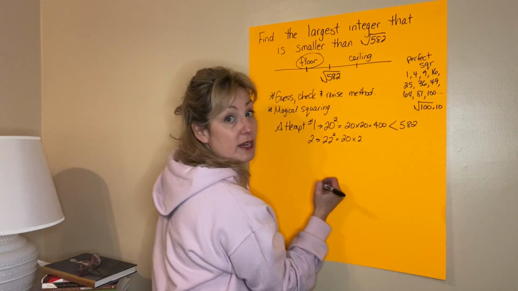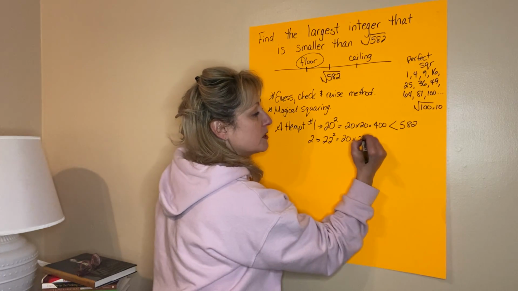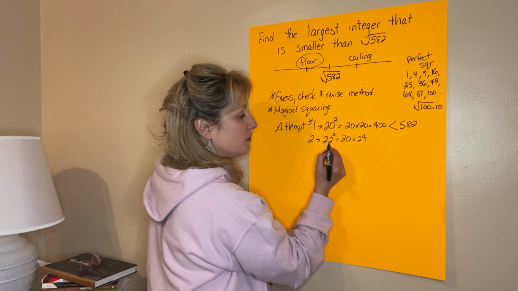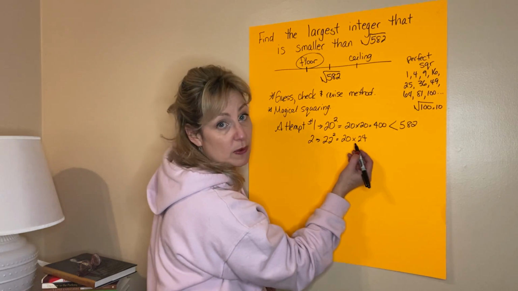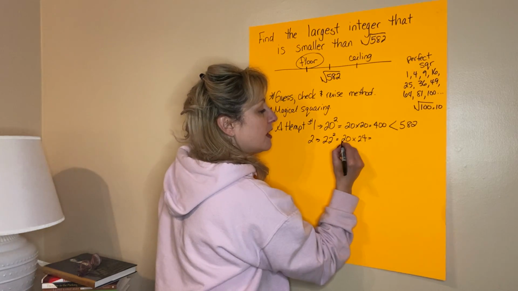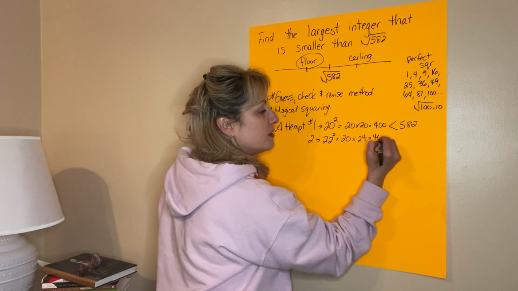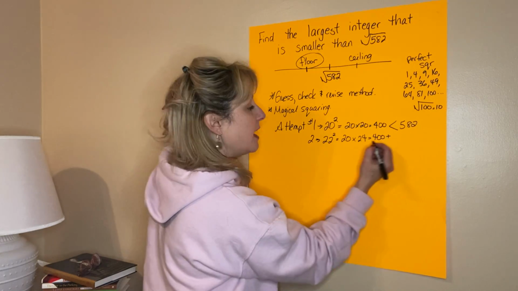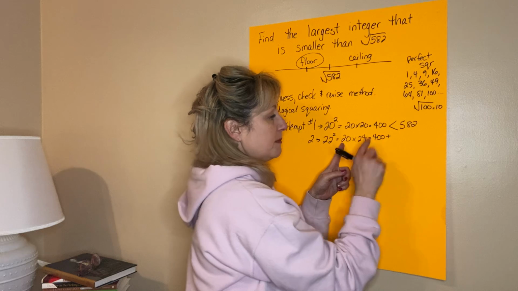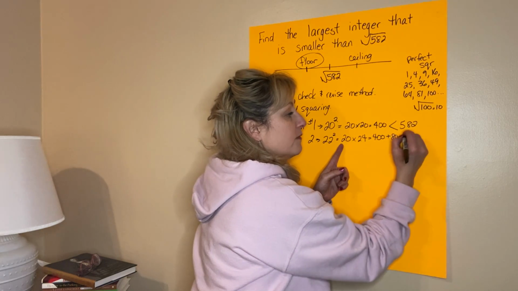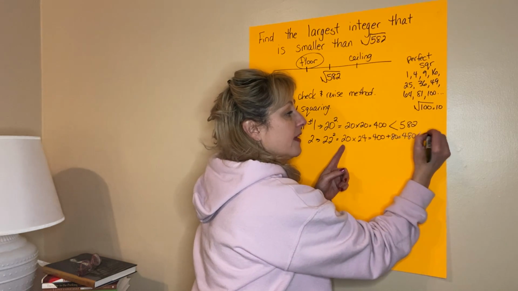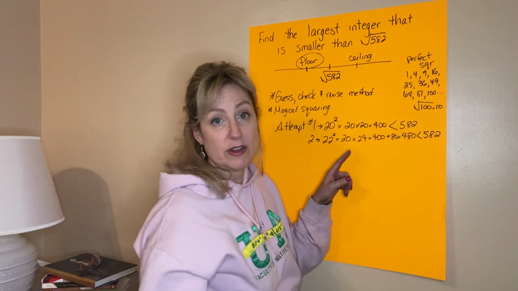So I've got the 20 here, but it's going to be 24. So instead of 22 times 22, I've got 20 times 24. Now 20 times 20 is 400, plus 20 times 4, which is 80, for 480. And that is also smaller than 582.